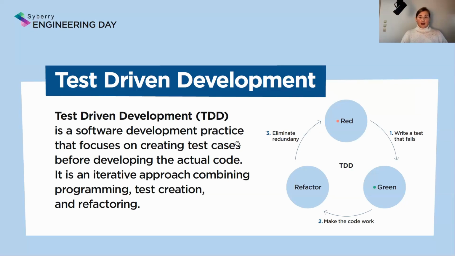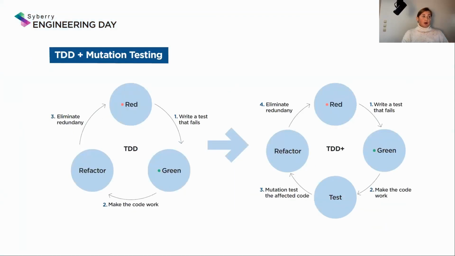Previously I said that the second drawback of mutation testing, being a really expensive, time-consuming operation, can be mitigated with test-driven development. Now I want to discuss why these two can be combined. Mutation testing is a really expensive operation when we apply it to the whole existing code base.